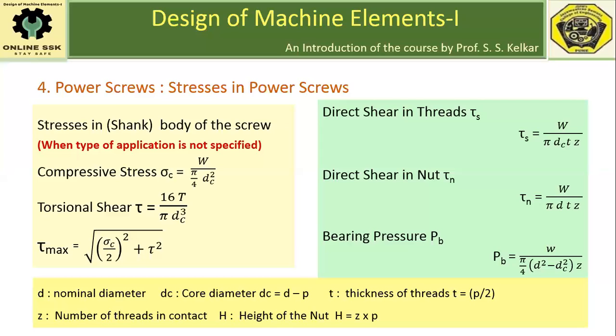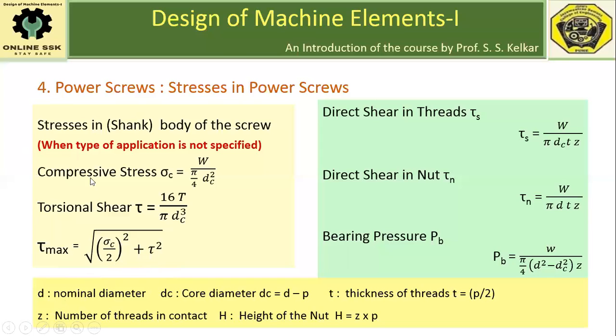Now, generally the screw is made of ductile material, and for ductile material, the most suitable theory is the maximum shear stress theory of failure, according to which the maximum shear stress developed will be given by the square root of (sigma upon 2) square plus tau square.